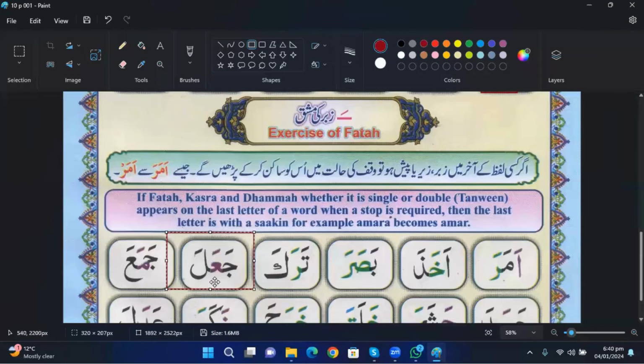You need to tell them again and again that when we see double fatha, kasra or dhamma in red color, we need to make our sounds nasal. Ba double kasra bing, ba double dhamma bung, ta double fatha tang, ta double kasra ting, ta double dhamma tung.